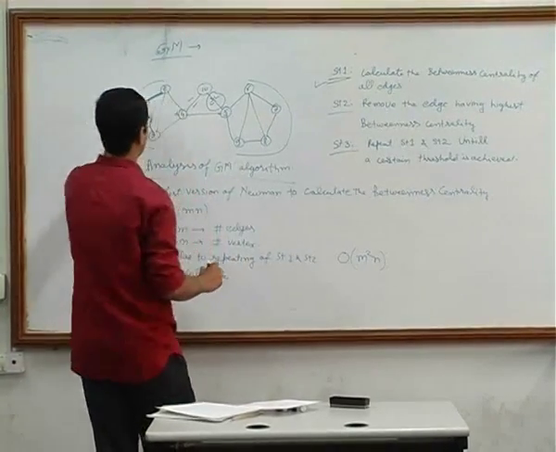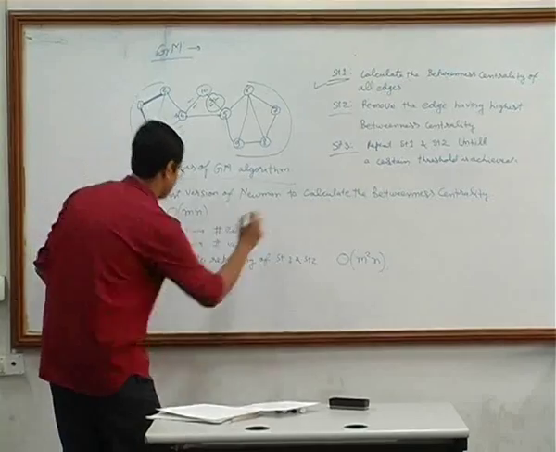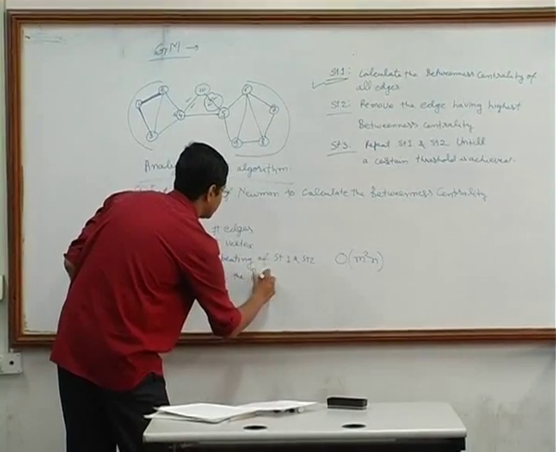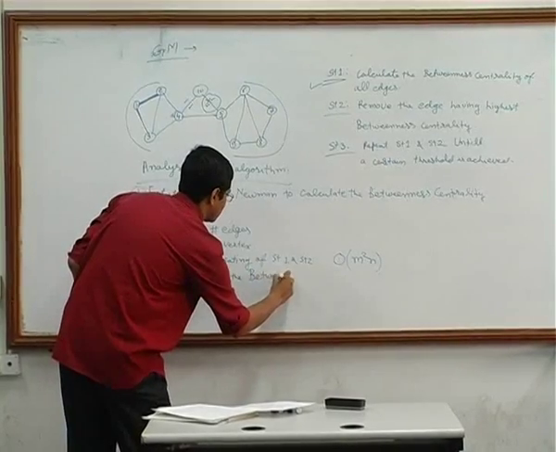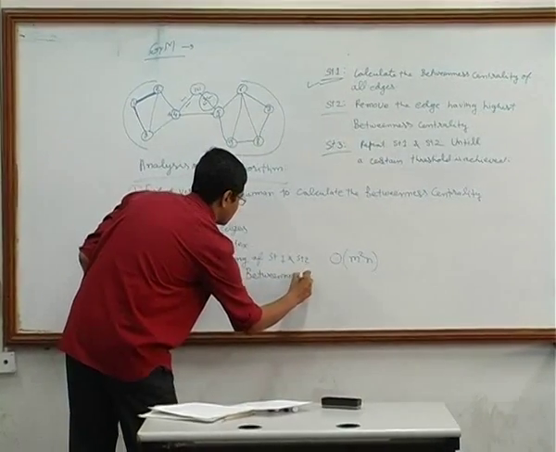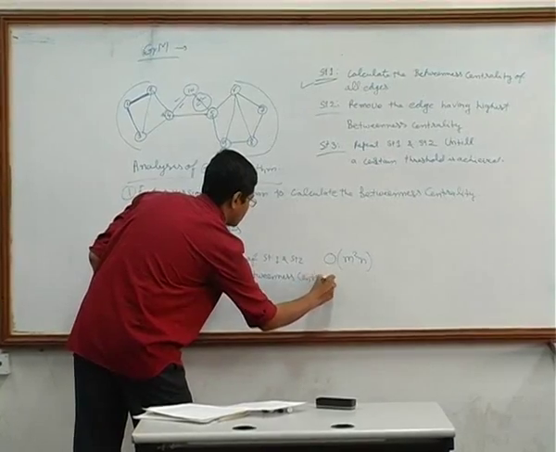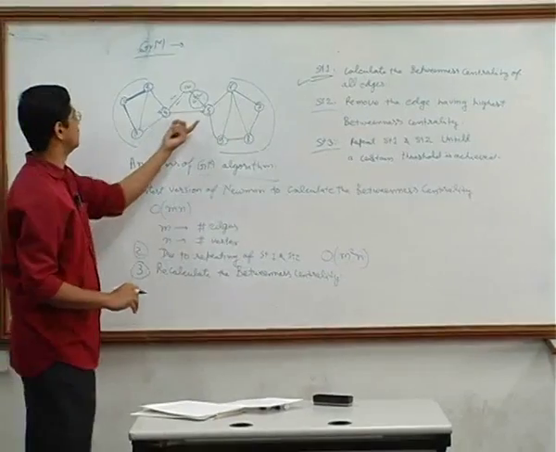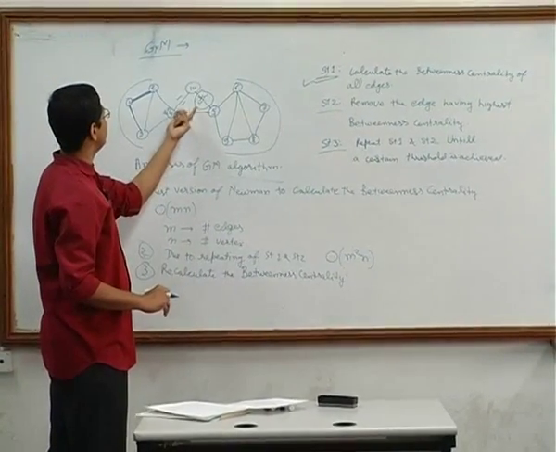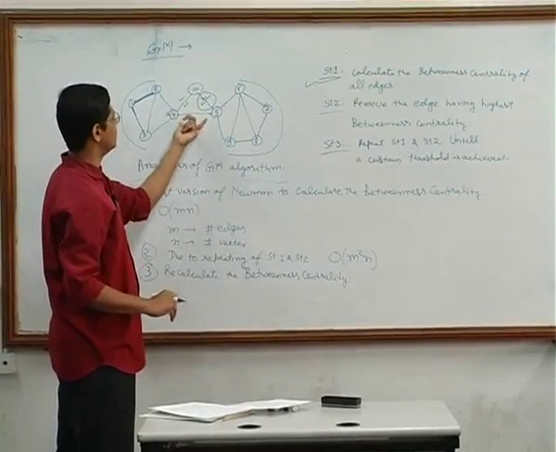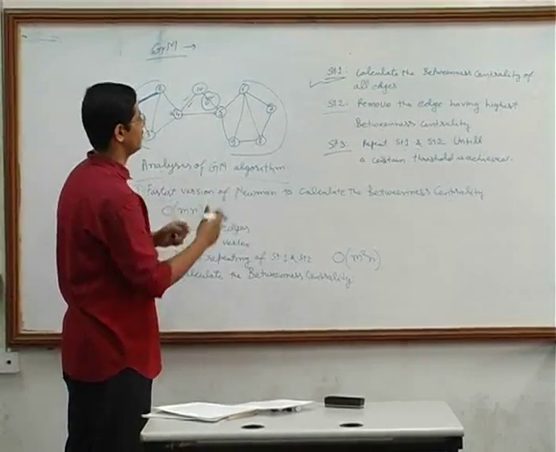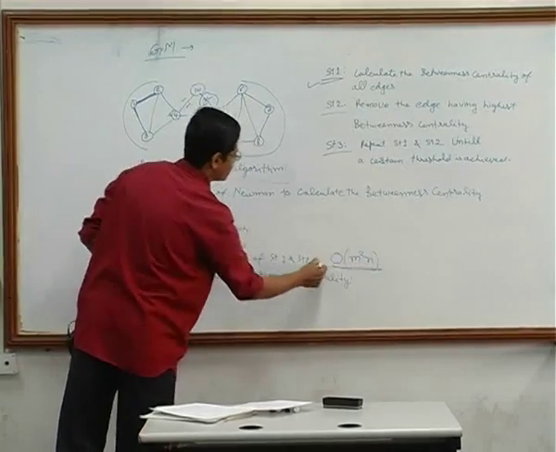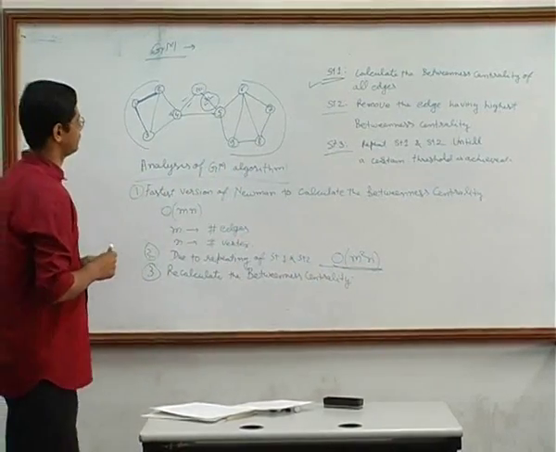We will recalculate the betweenness centrality of only those edges which are affected through this removal, after every removal. This will, I think, reduce the time complexity to some level.